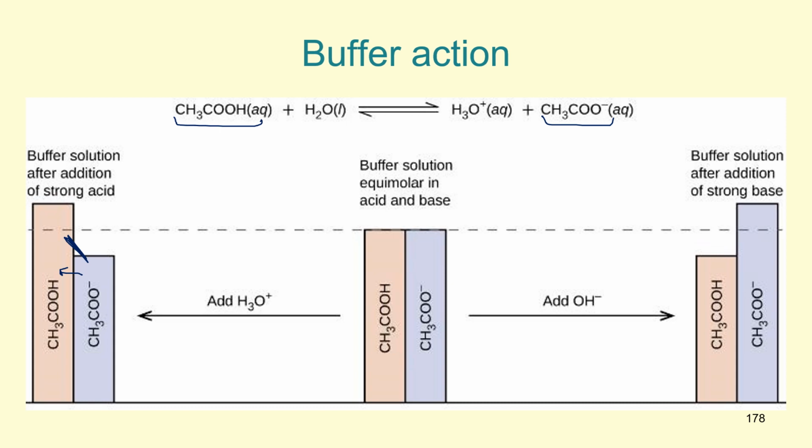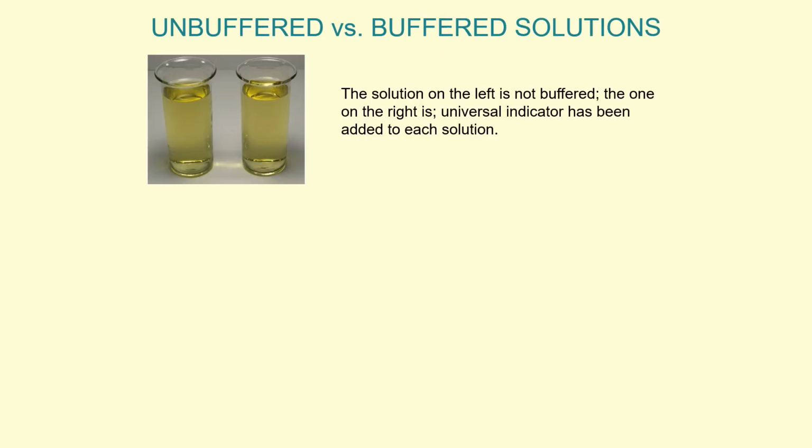If you add a little bit of base, again, the ratio will just change a little bit. The idea is you don't have any of this hanging around anymore because it's just converted the ratio. And as long as the ratios are fairly consistent, the pH will only change slightly. You'll see when we do the next equation that it's really this ratio that matters.